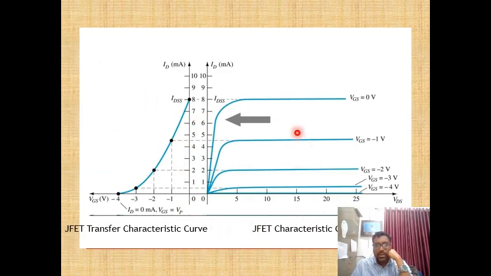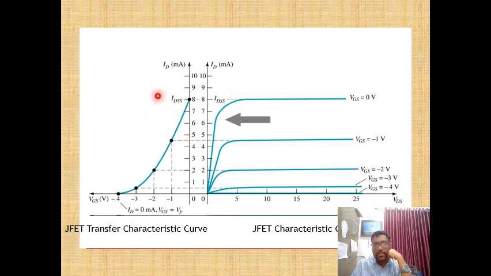Now what we are seeing over here is the JFET transfer characteristics. The characteristics curve we have already seen in previous slides, how it is drawn, where this portion is the ohmic region and this portion is the saturation region, whereas this point is the pinch off point. And with increasing gate voltage from -4 to 0 volt, we can see the value of IDSS is increasing.